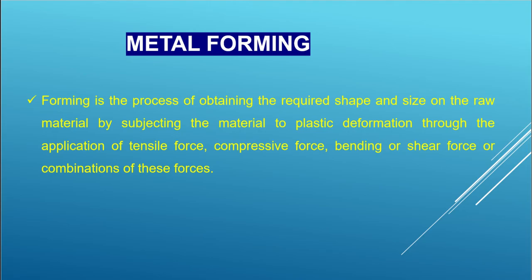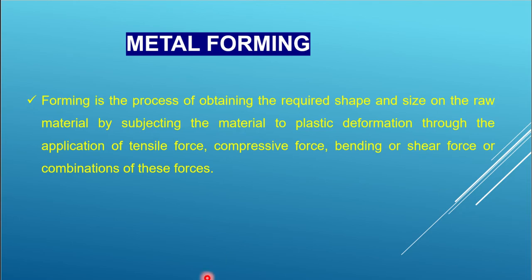First one, before going to high energy rate forming, since one of the terms is forming, definitely you need to know what is actually a forming process. Forming is not like machining, because in the previous modules up to module 4, the processes we have discussed were machining processes.